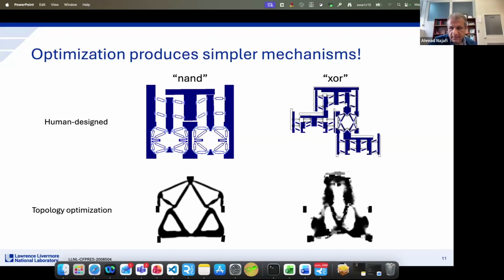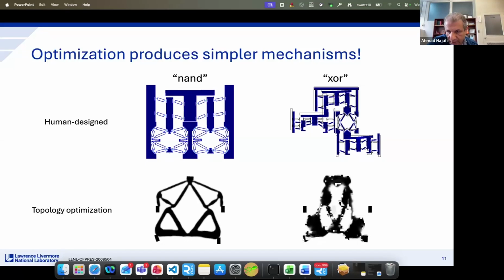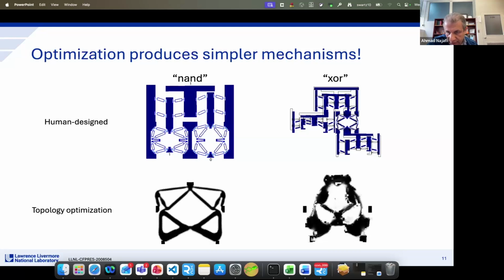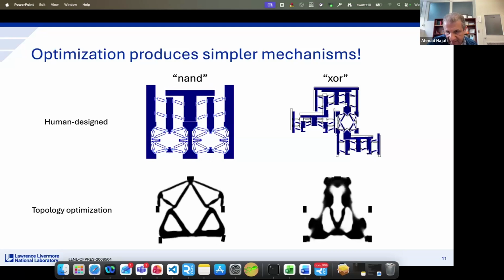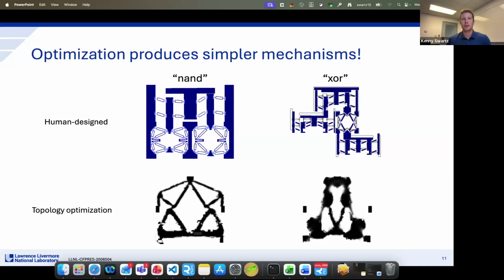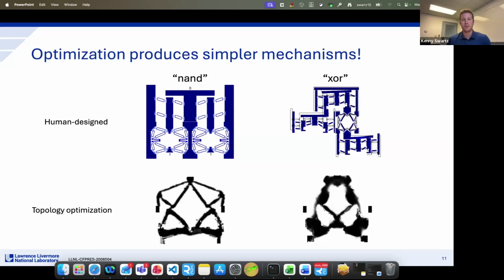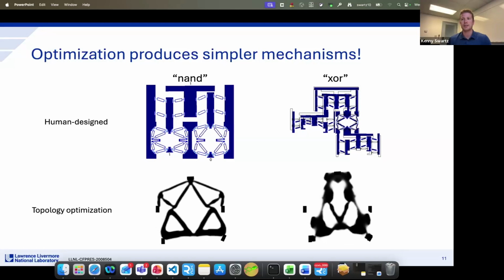Okay, so the next question: is the potential energy of your bistable elements symmetric or asymmetric? Right now we are looking at symmetric, since we're just in the gate design phase.